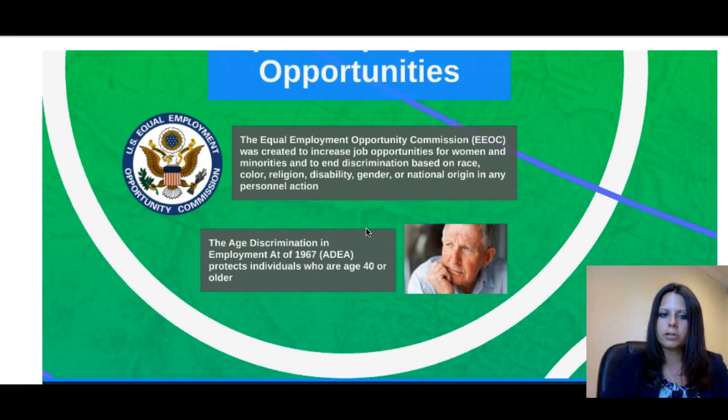Another law similar to the Civil Rights Act protects against discrimination for people who are 40 or older. It's known as the ADEA, the Age Discrimination in Employment Act. And again, it protects a group that may be experiencing discrimination. There are companies that have been letting people go who are older than 40. They might be making more money because they've been with the organization longer, or they didn't grow up in an age with computers and maybe they're not as tech savvy, but they do bring a lot of other great experience to the organization.